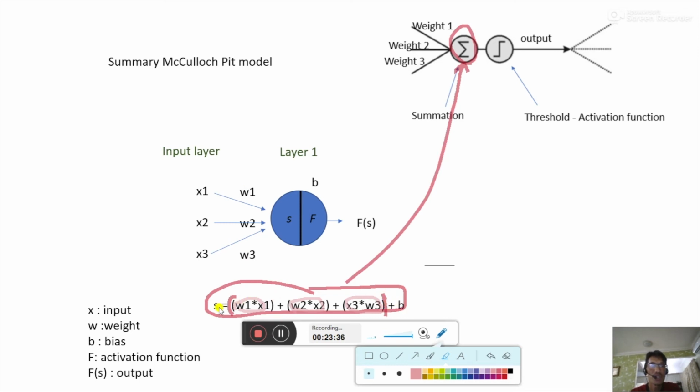So this S will then be moved into the function F. Fs becomes the output. That's the way you do it. This is how you model a single neuron.